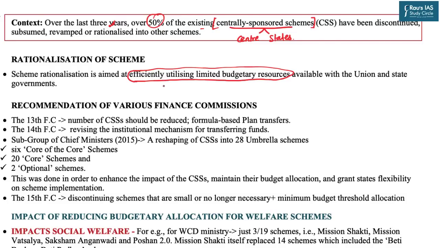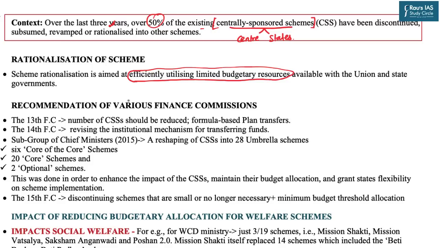Rationalizing the scheme basically is built on certain logics. If you are discontinuing some scheme, then there should be sound evidence based backing to discontinue that particular scheme. If you are subsuming the scheme, if you are revamping some schemes, then they should be backed by evidence based logic.